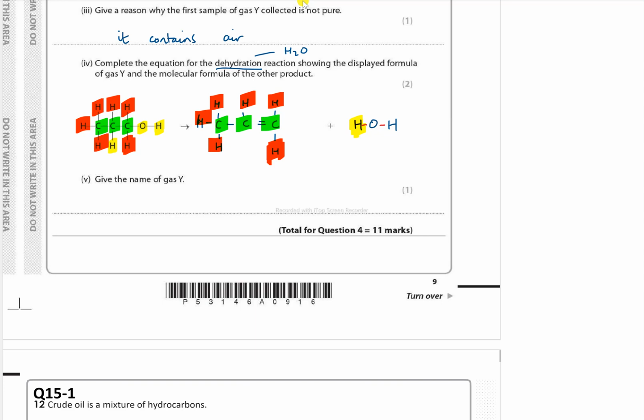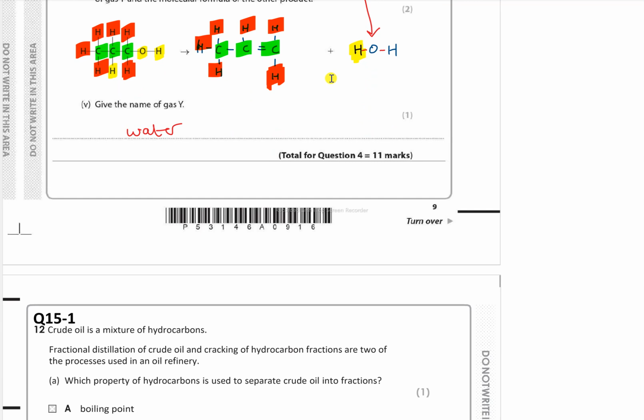Right, name the gas produced. Yeah, because we're dehydrating it, it's going to be water. No, it's saying name the gas produced.